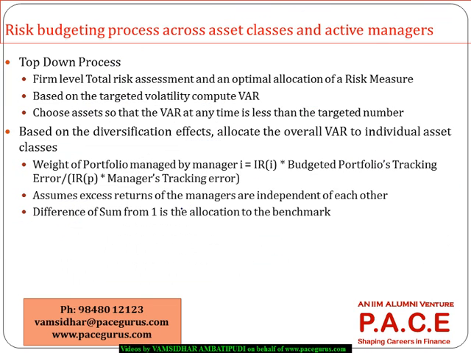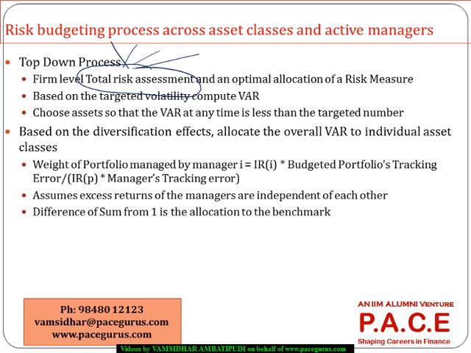Then, when we talk about risk budgeting from an active management standpoint, it's purely a top-down process where we look out for the firm level total risk assessment, and then we allocate it to the individual units or individual positions for various portfolio managers.